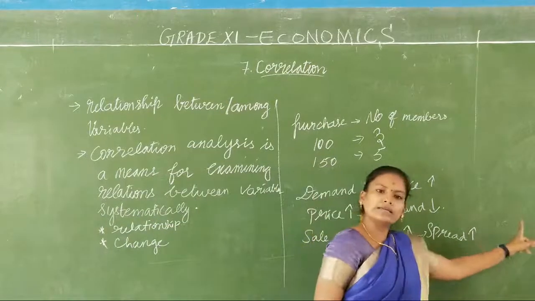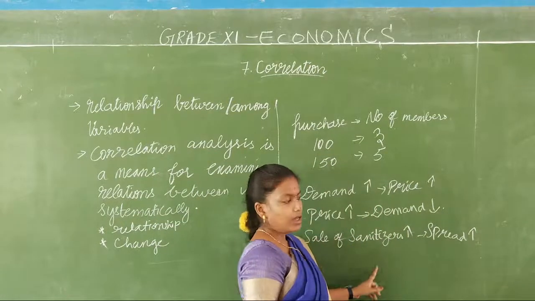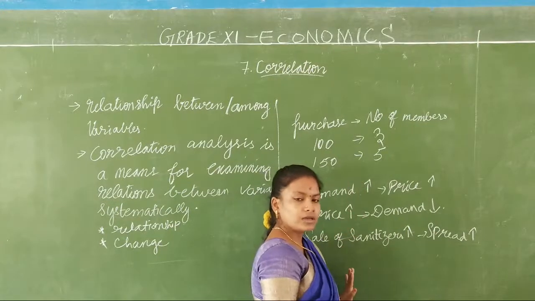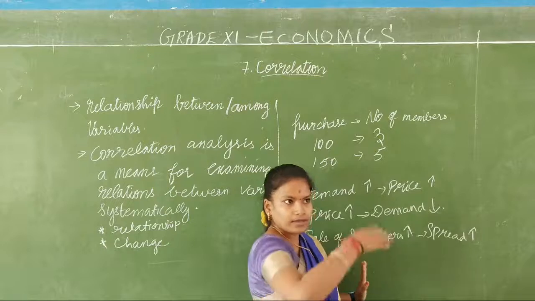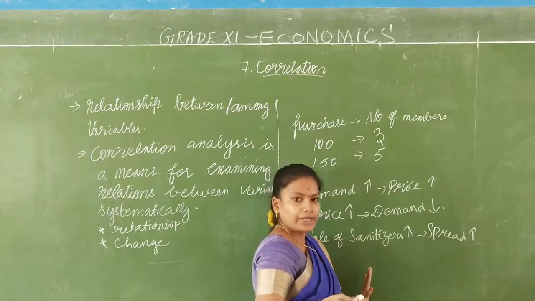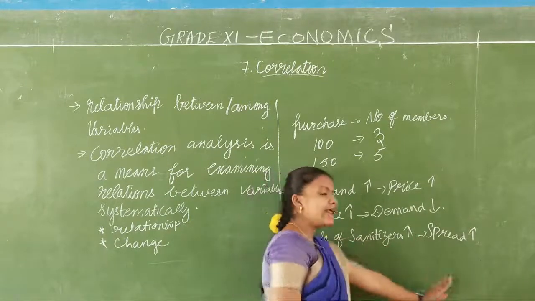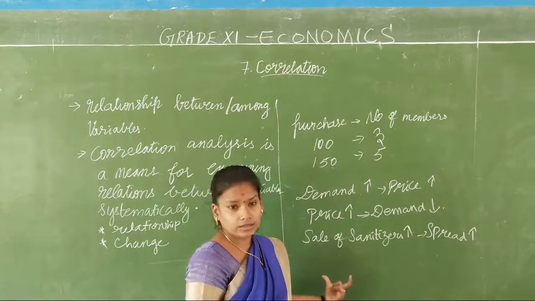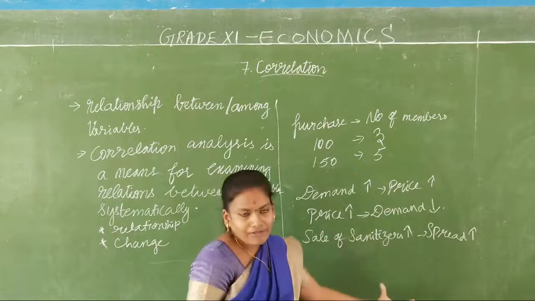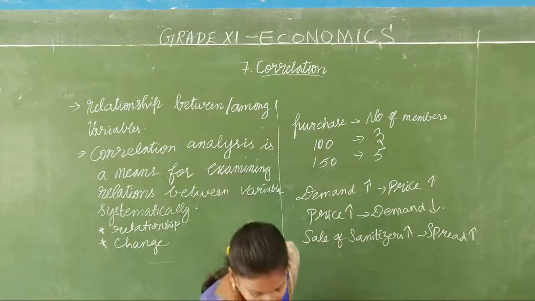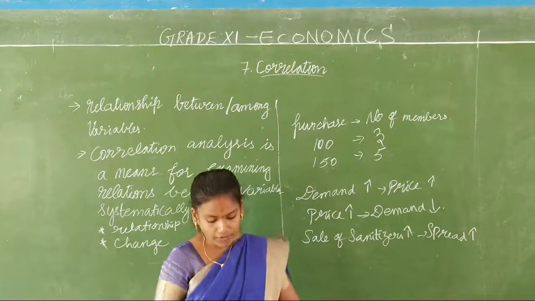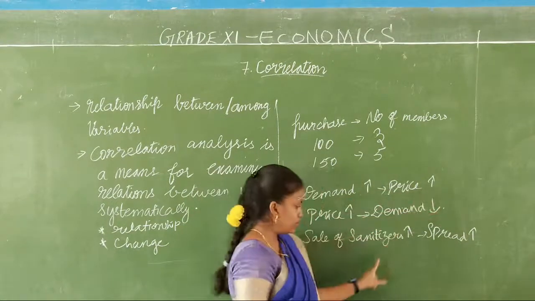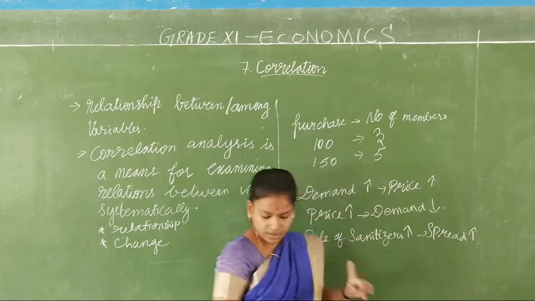Sometimes we have assumptions, with other things remaining constant. So is there any connection, that is, if the value of one product changes, does it affect the other product also? Secondly, do both variables move in the same direction?